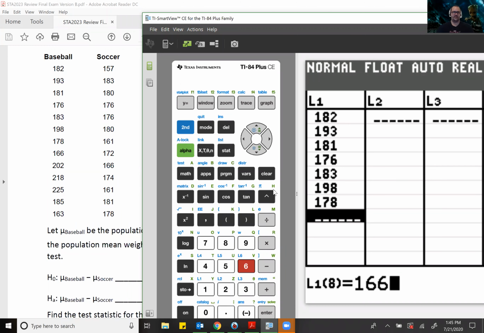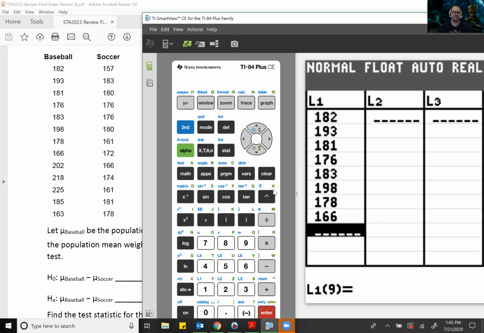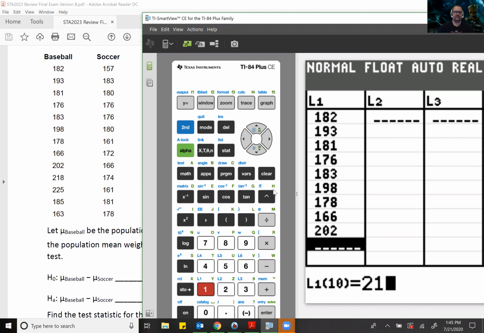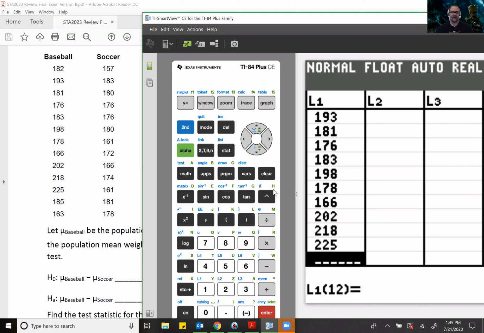She's so dramatic. 166, 202, 218. This is where you got to make sure that you're really, really careful, and we make sure that we get everybody in properly. 185, 163.